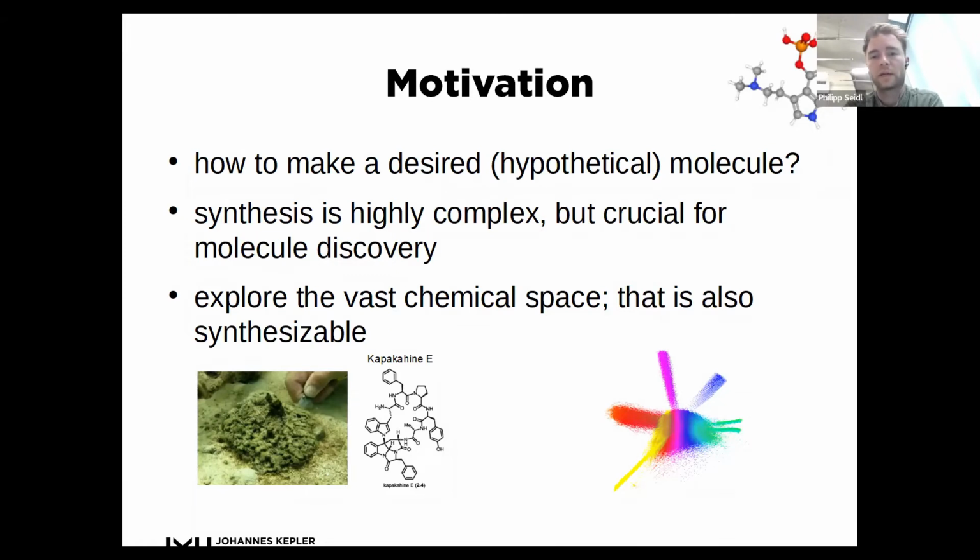So we are trying to synthesize or make a desired molecule. We have a molecule on the bottom left here, which is from a sponge. It's called kappa-cahin A. And this deep sea sponge is very seldom.